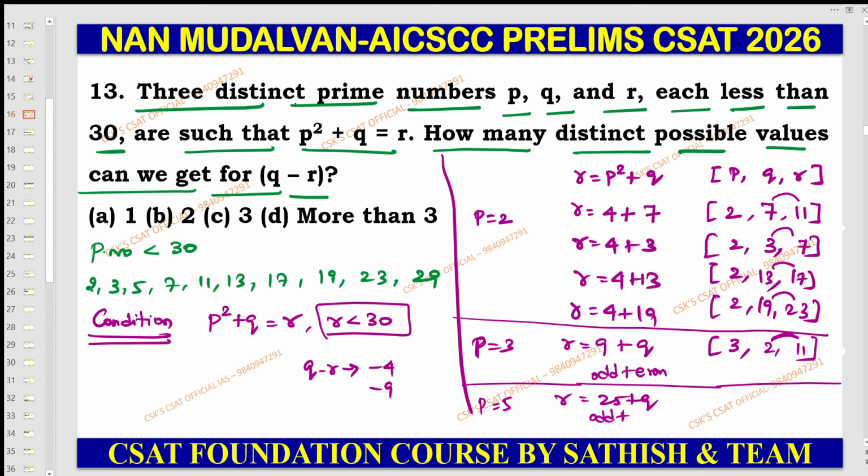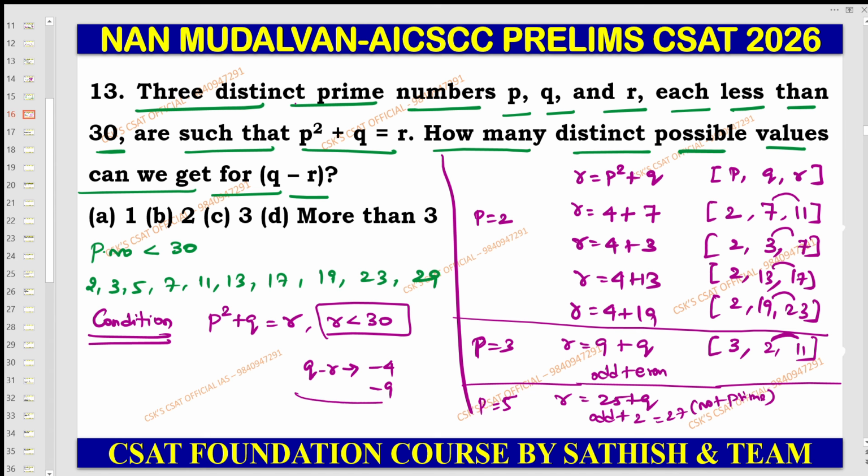Nothing else possible here. 2 alone is possible. When you are adding a 2 here, is the resultant a prime number? No. 27 is the resultant. It is not a prime. That is why nothing else is possible here. So after P is equal to 5, nothing else possible.